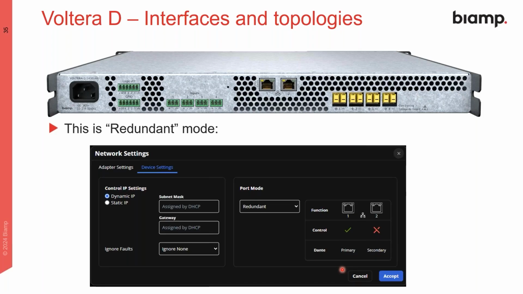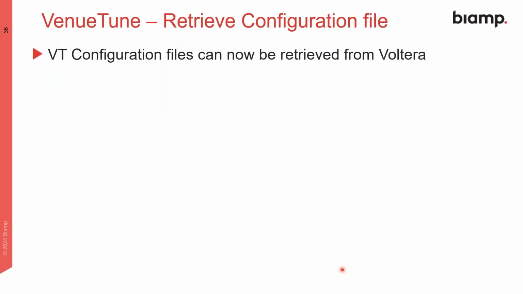Primary and secondary Dante, of course, must be on separate subnets. Otherwise, it wouldn't make too much sense to be doing a redundant scheme if everything's on one network. It won't let you configure it that way anyhow. All right, networking.